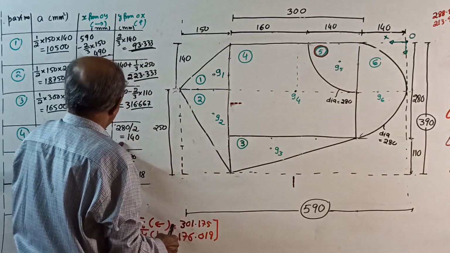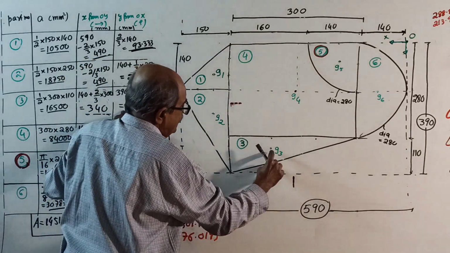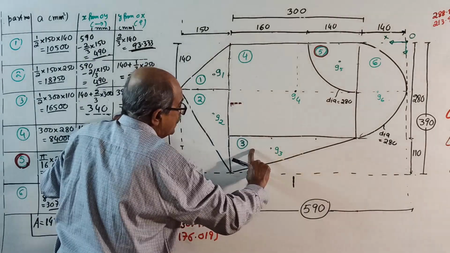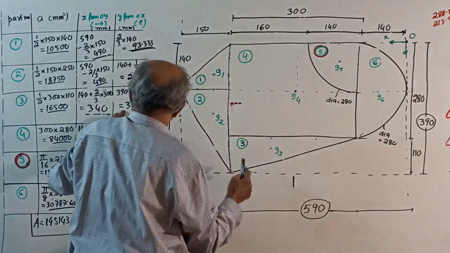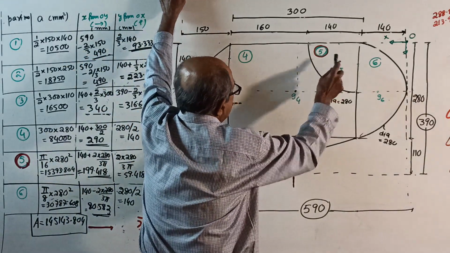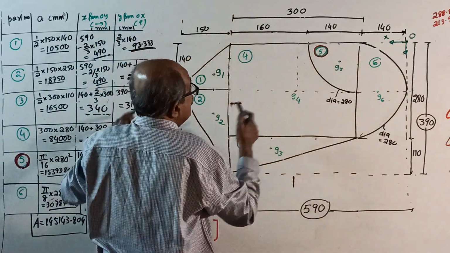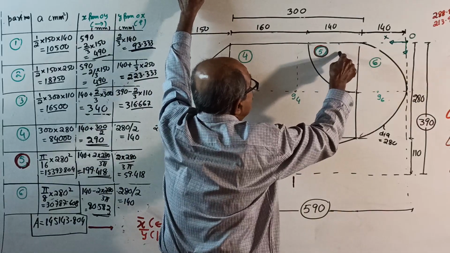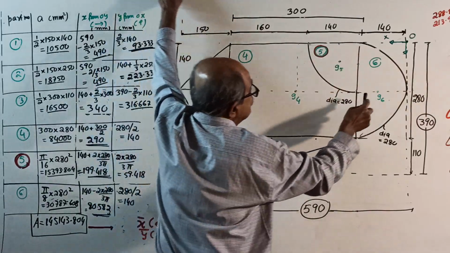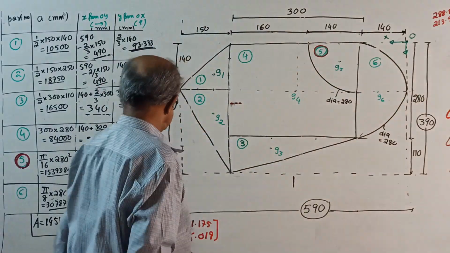Or you can do one thing: 390 minus, this is 1/3, this is 2/3, 390 minus 2/3, both are okay. Fifth one, fourth one, directly 280 by 2. This one, 2d by 3 pi. Last one, exact center, 280 by 2.